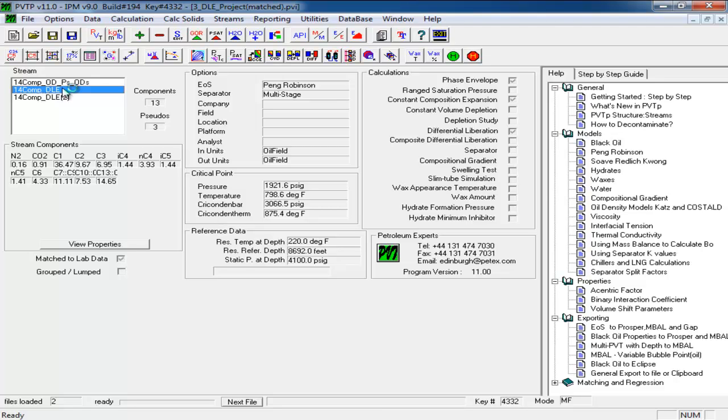Step 3 seemed not very easy, at least for those who already achieved the task. So step 3, we try to match DLE, but at the same time we have to keep this matched and this matched.